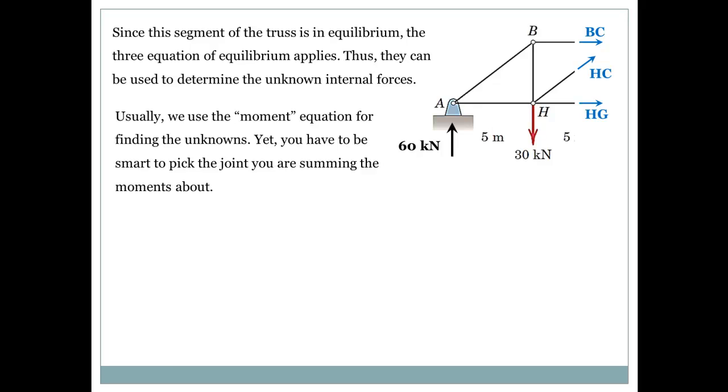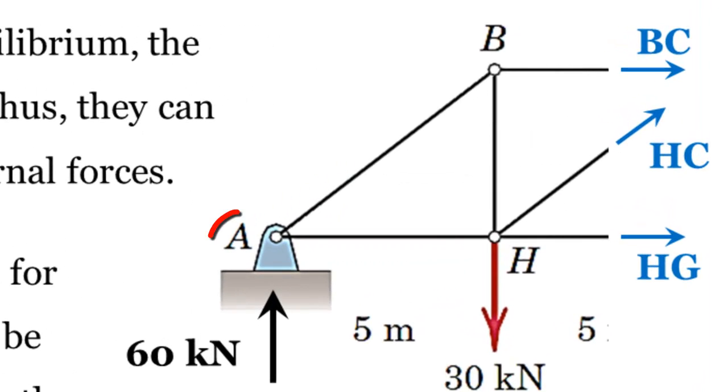So what is this deal with the moment equation? Basically, you're going to use it to sum the unknown forces about a point. Let's say you picked joint A, for example. So you're going to sum the forces that you see in this piece of the structure about point A. Now, how many unknown forces do I have, and where are they?